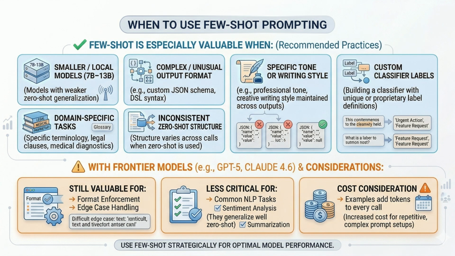Few shot is especially valuable when you are using smaller models or local models with weaker zero shot generalization, the output format is complex or unusual, and you want a specific tone or writing style maintained across outputs. When you're using a frontier model in the browser, a lot of things might have been handled internally, but still you have to take care of the format enforcement and edge cases handling.